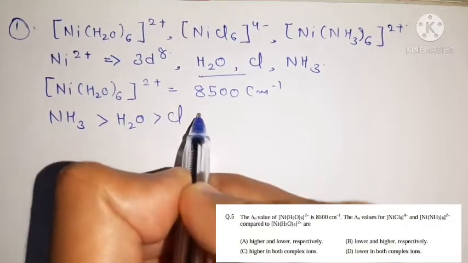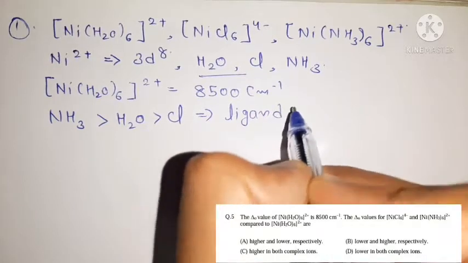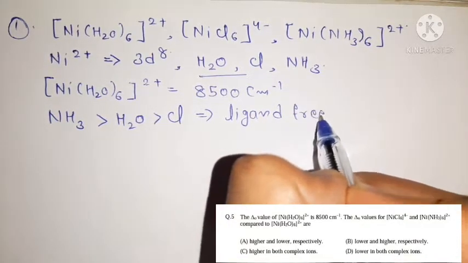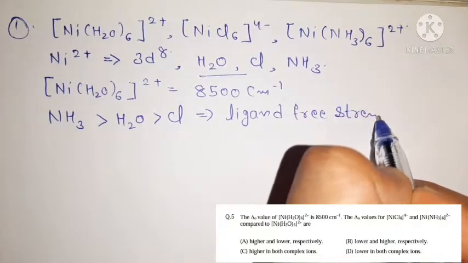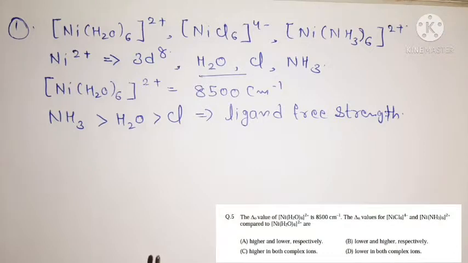This is the order of ligand field strength according to your spectrochemical series. We all know very well the spectrochemical series. Okay, so this is the order of ligand field strength according to our spectrochemical series.